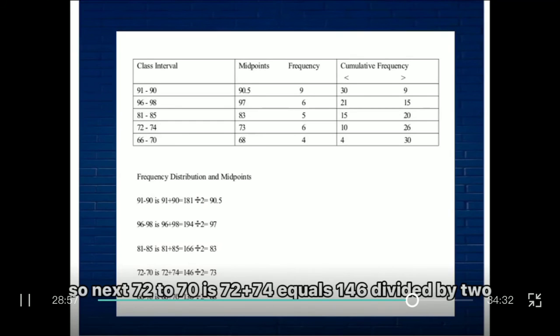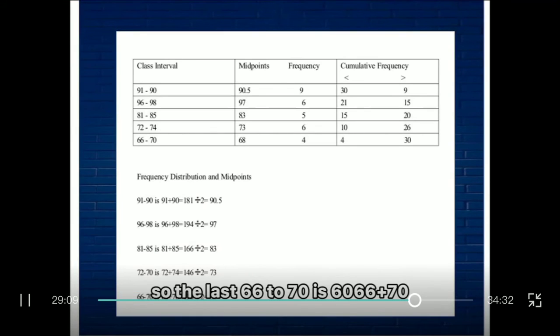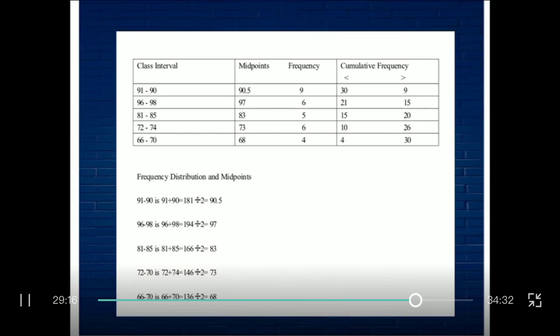So next, 72 to 74 is 72 plus 74 equals 146 divided by 2 equals 73. So we are ready to put the 73. So the last, 66 to 70 is 66 plus 70 equals 136 divided by 2. So the answer is 68. So our midpoint is 68.